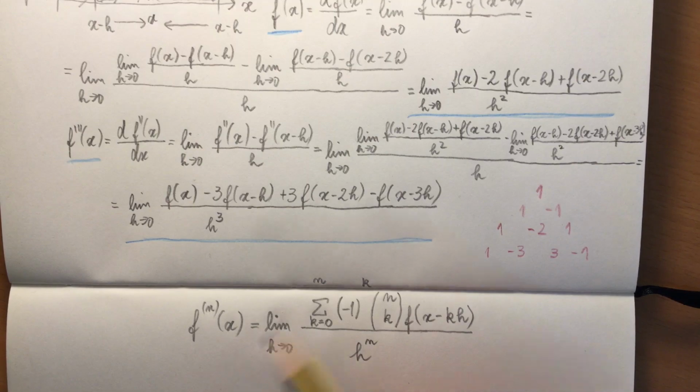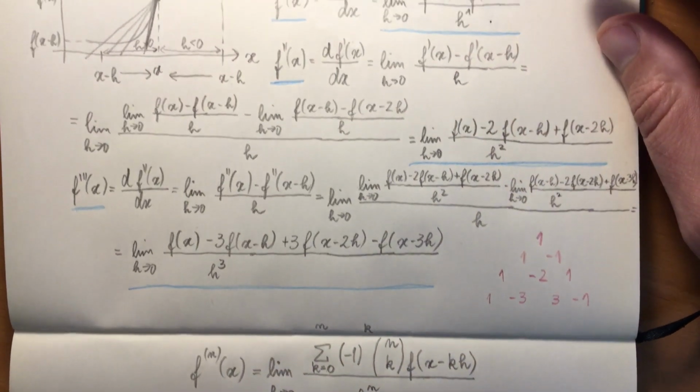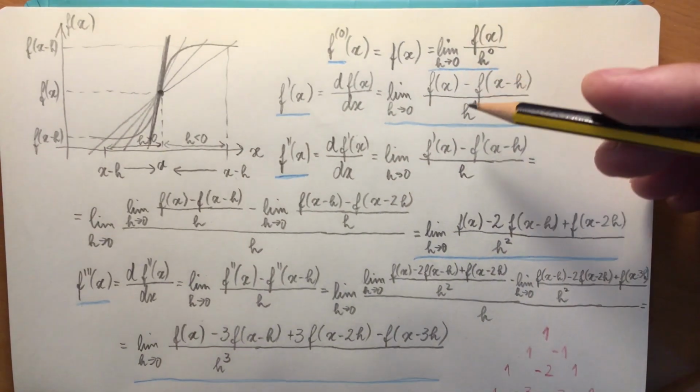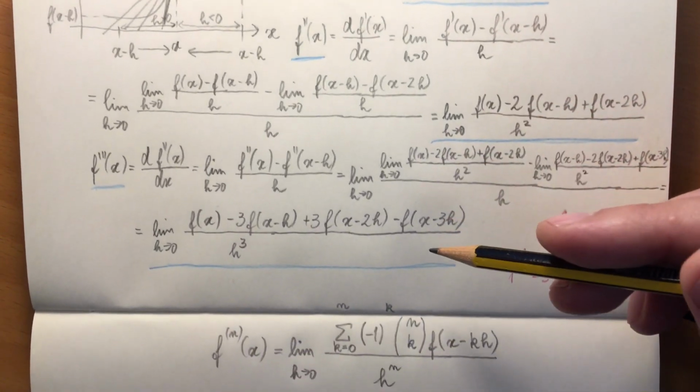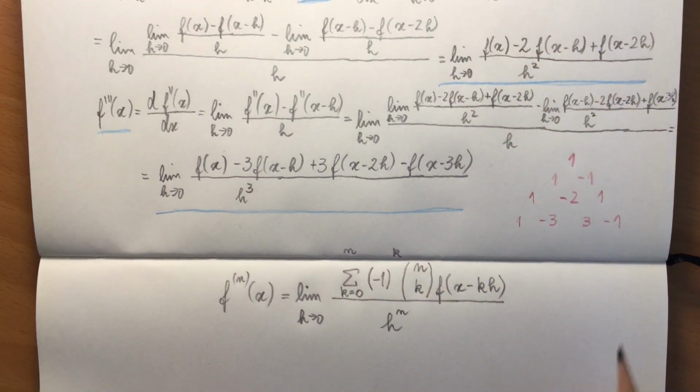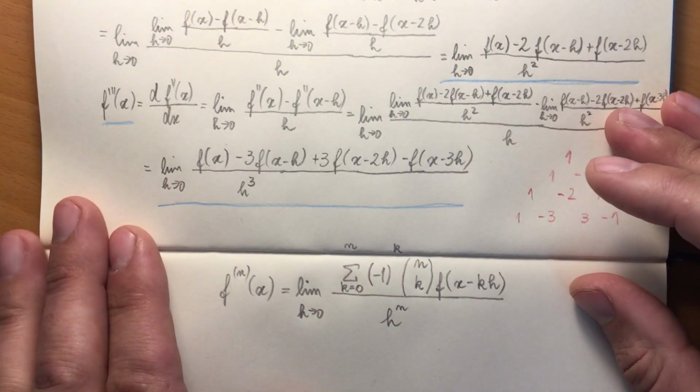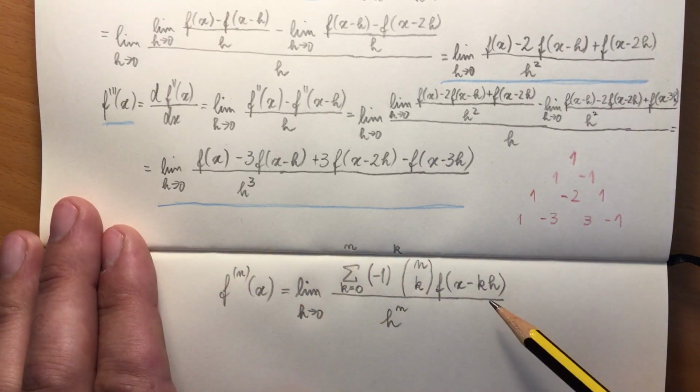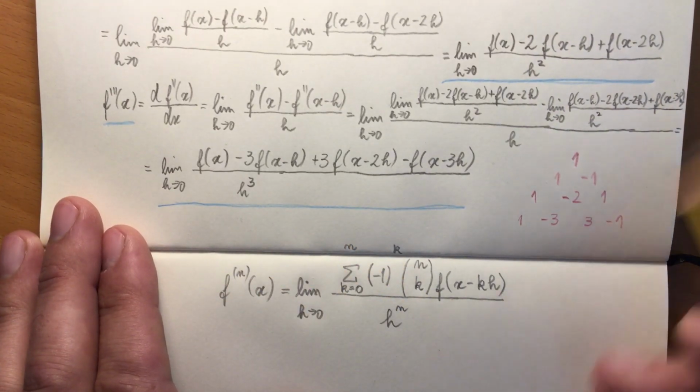This expression gives me, in fact, the derivatives of order 0, 1, 2, 3, and so on. You can find the derivative of order 4 and check that it follows this. The same for order 5.